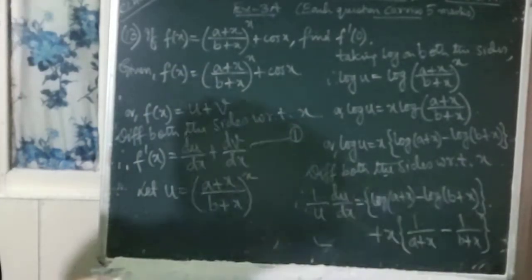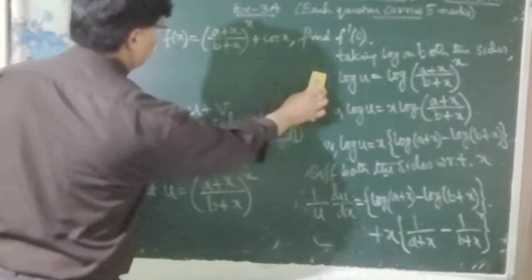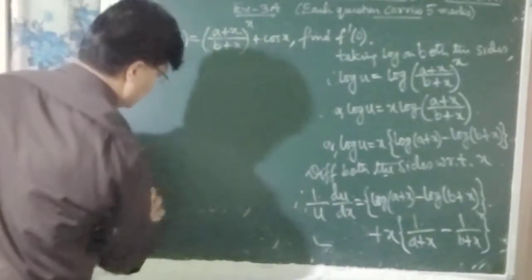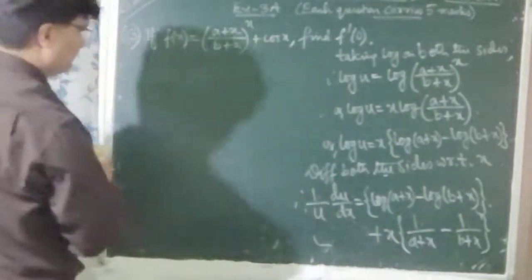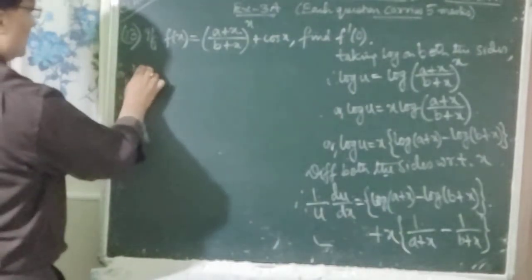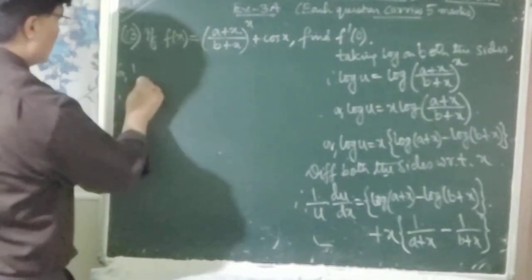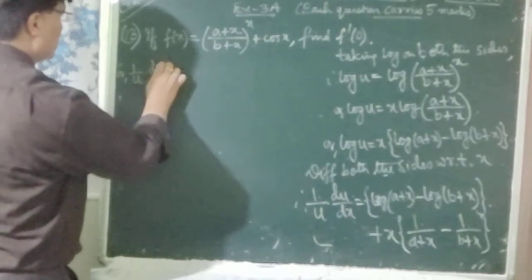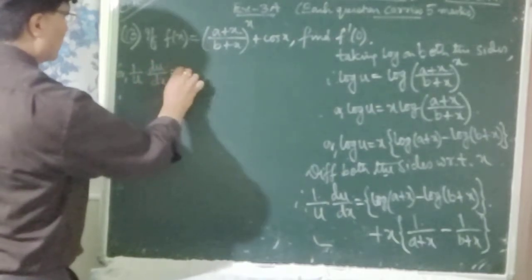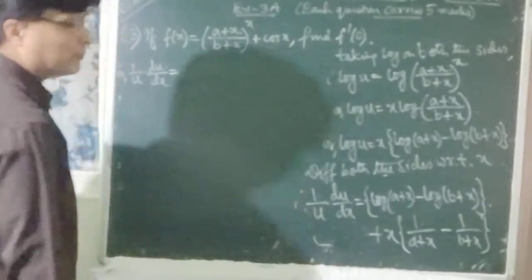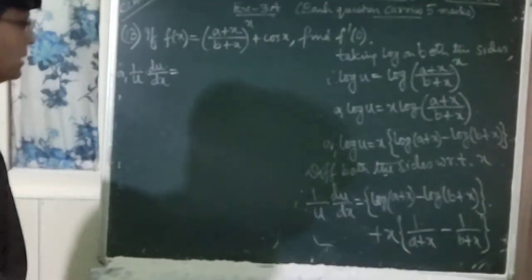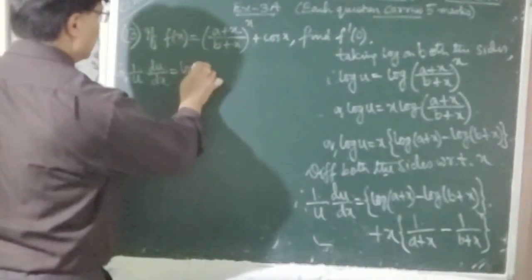Now let us simplify it further. 1 upon u into du by dx is equal to, within second bracket, again it is log a minus log b. What is log a minus log b?